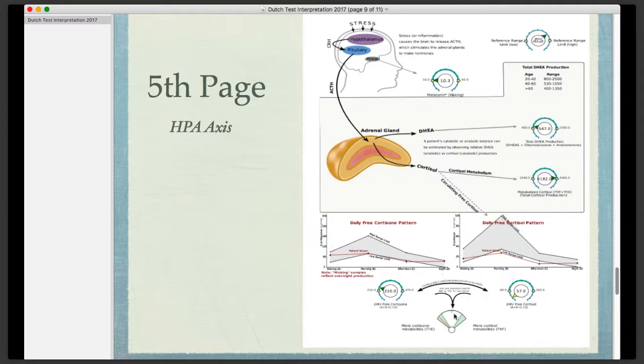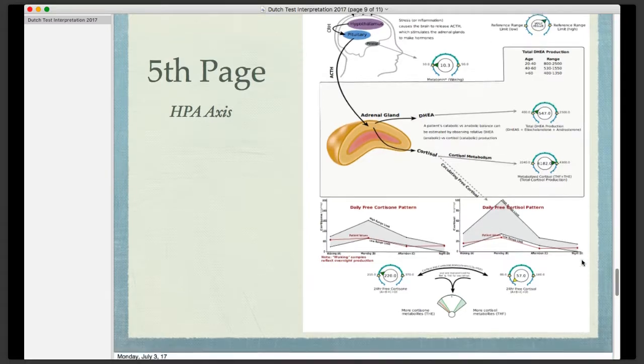This is where a person could have high belly fat. If you have a higher preference for cortisone, you might have more belly fat, and you can push it in the direction of cortisol and more balance by using certain supplements.